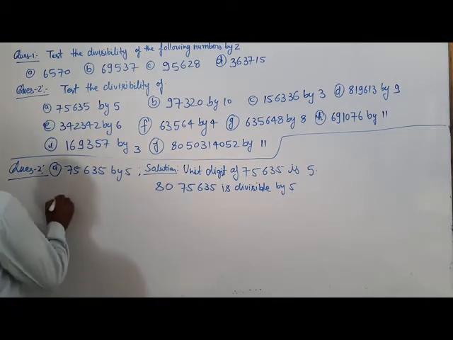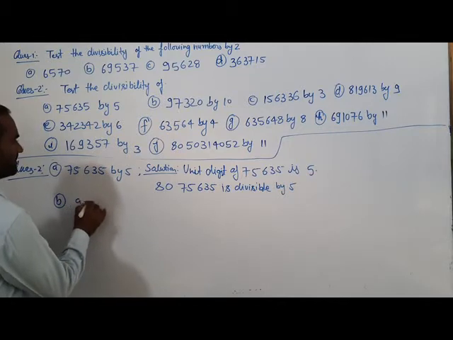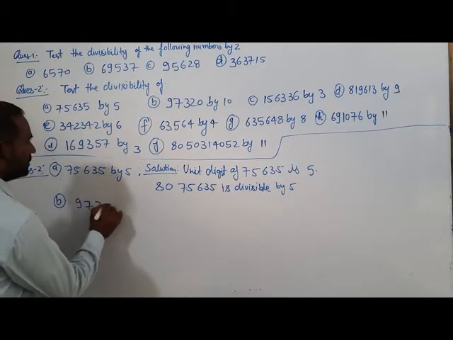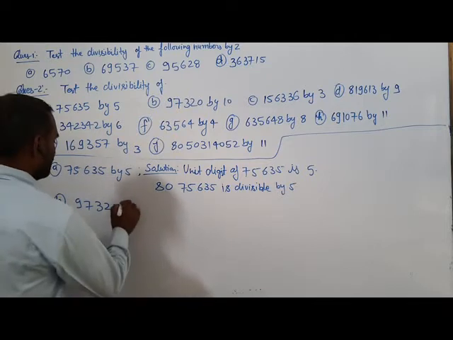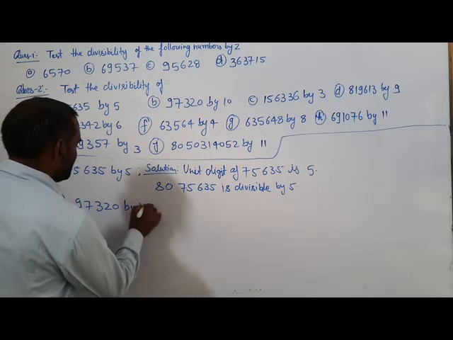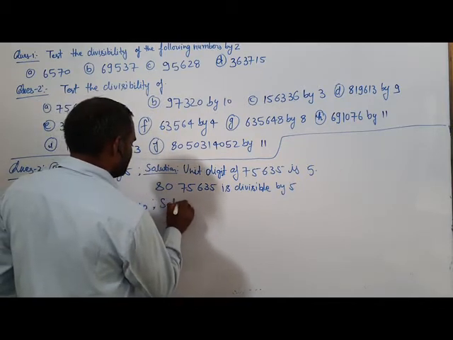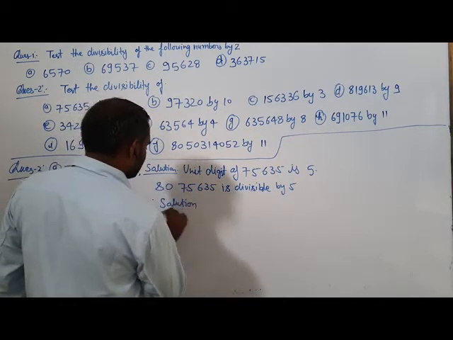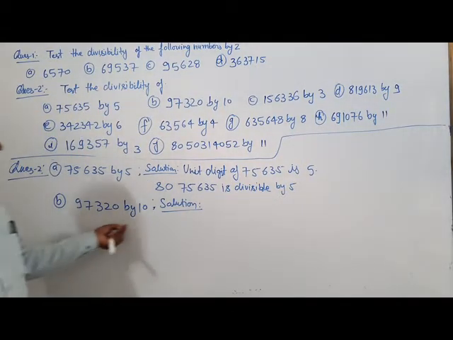Now we solve B. Option B: 97,320 by 10. Solution. We know the divisibility rule of 10.